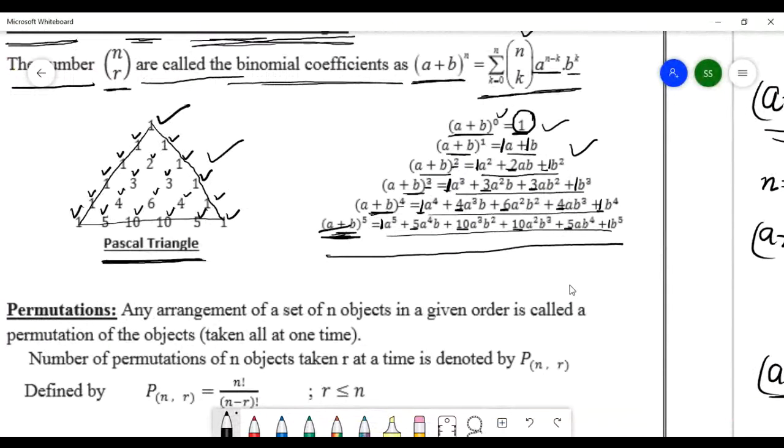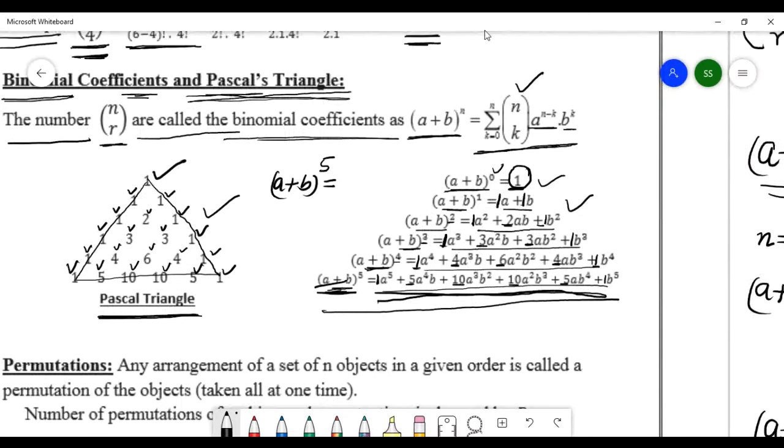If you want to write the direct value, how will you write it? You have to use (a + b)^5, (a + b)^6, and this general law applies.